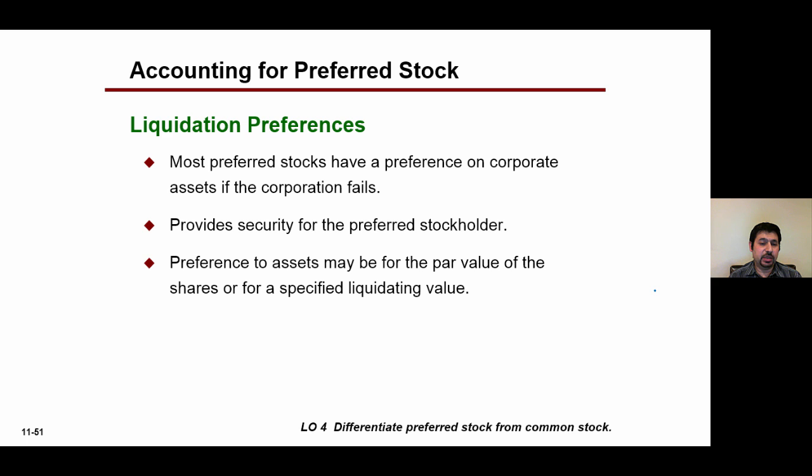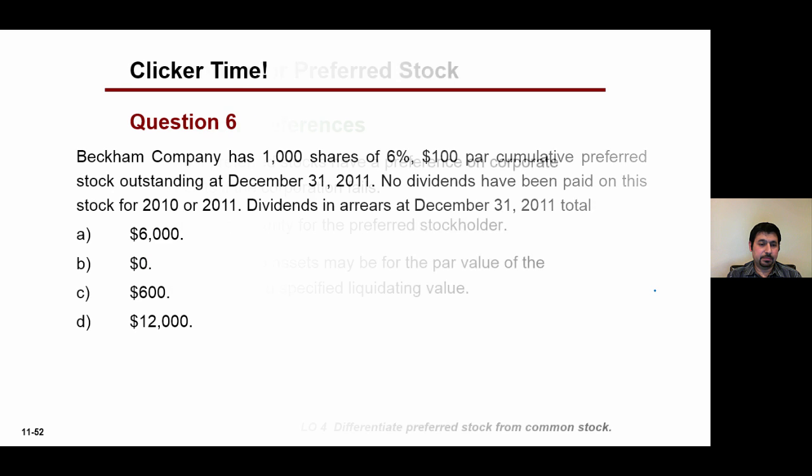Basically, they get their money first in the case the company defaults, goes bankrupt, or is liquidated; they get their money first before common stockholders get anything. This is, of course, after the company has paid creditors and lenders the money that the company owes them.